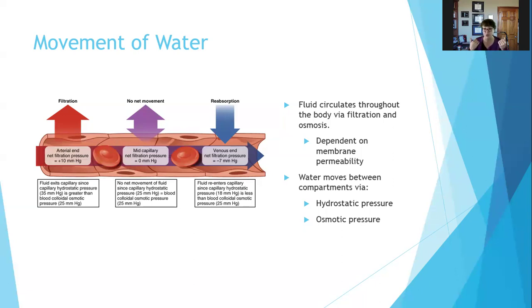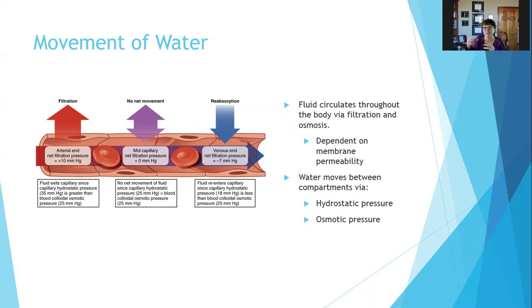So hydrostatic pressure is largely due to blood pressure, fluid pressure, and the hydrostatic pressure at the arterial end of the capillary beds is a little bit higher than the interstitial space, and so water gets pushed out through the capillaries.